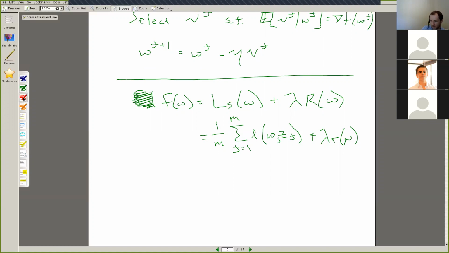And then if we were to select v sub t equal to just one of these particular values, so equals L of w comma z_t, plus lambda r of w, then this v_t in expectation is also going to be equal to this, because we've just replaced the sum with one of its elements. And so this expression right here is what we would use up here.